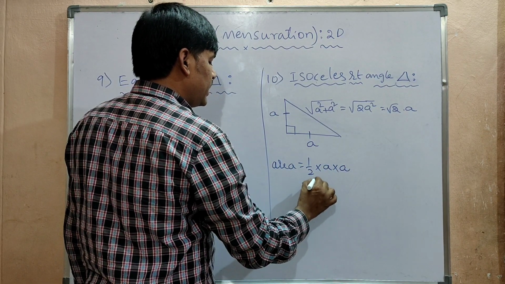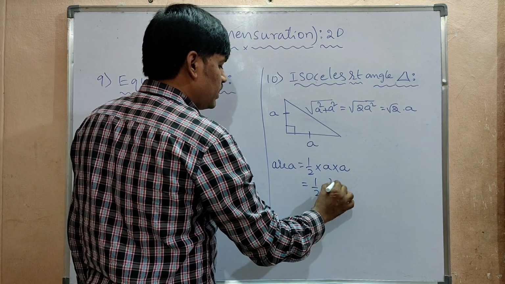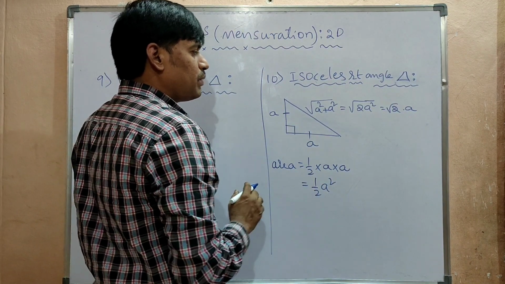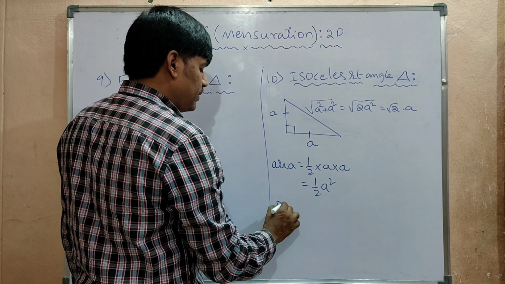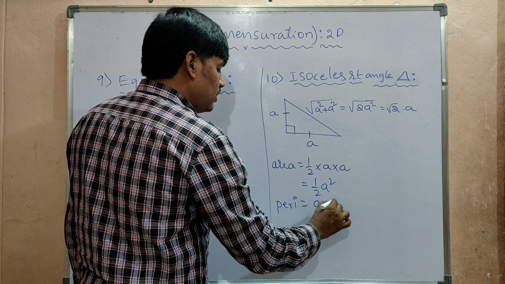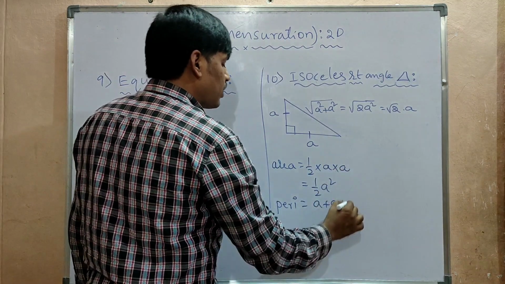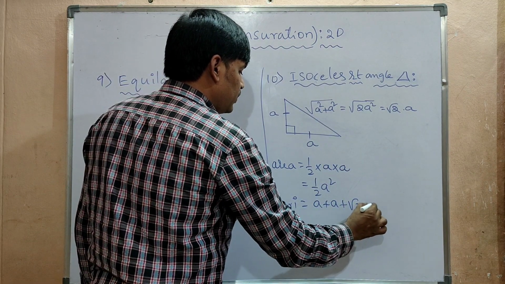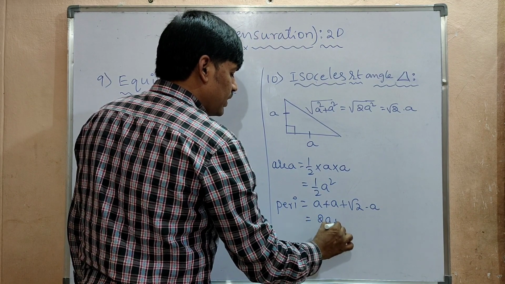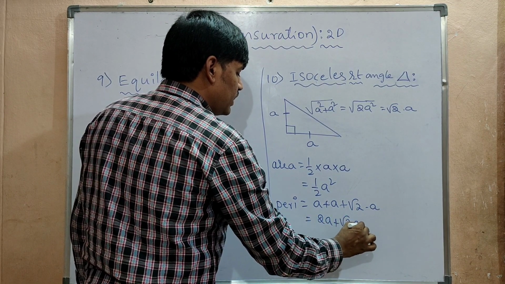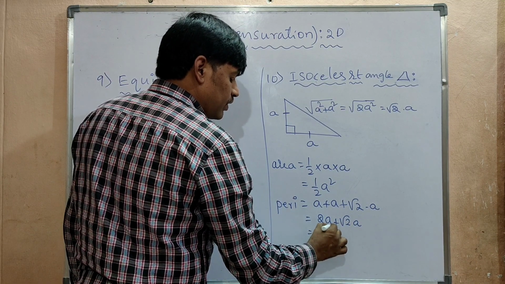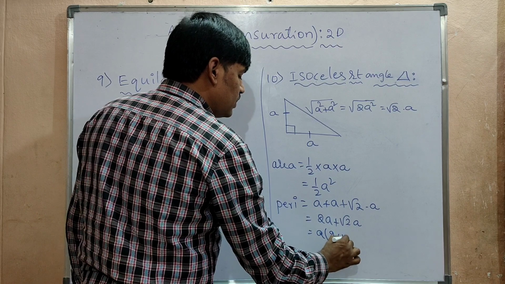Then you will get area is equal to 1 by 2 a square. Now the perimeter is a plus a plus root 2 into a, then you will get 2a plus root 2 a, finally a of 2 plus root 2.